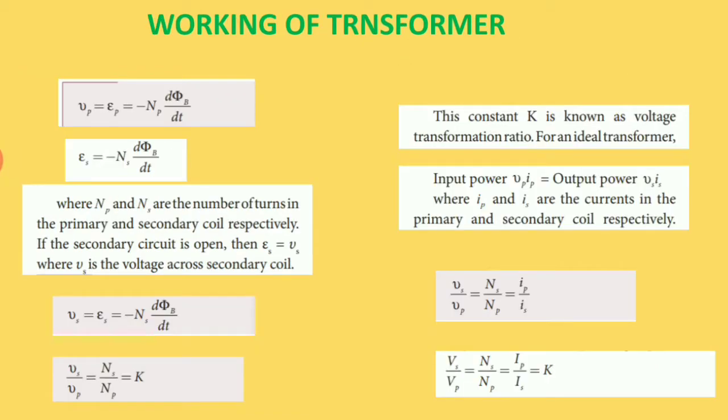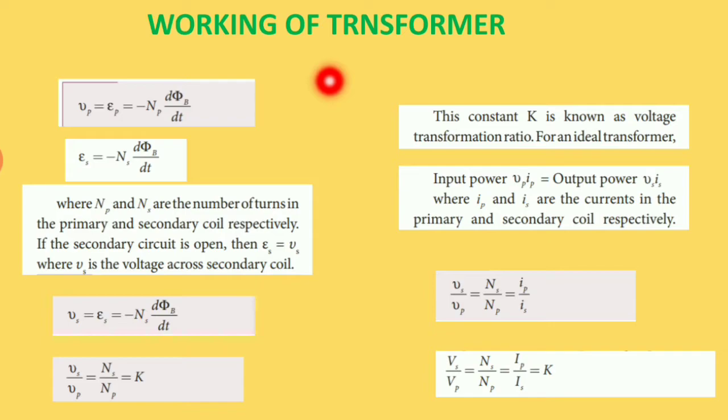Working of transformer. If the primary coil is connected to an AC input voltage, an alternating magnetic flux is produced, which is linked with the primary coil and also with the secondary coil. As a result of the flux change, EMF is induced in both coils. EMF induced in the primary coil is epsilon P, equal to minus Np d phi P by dt.